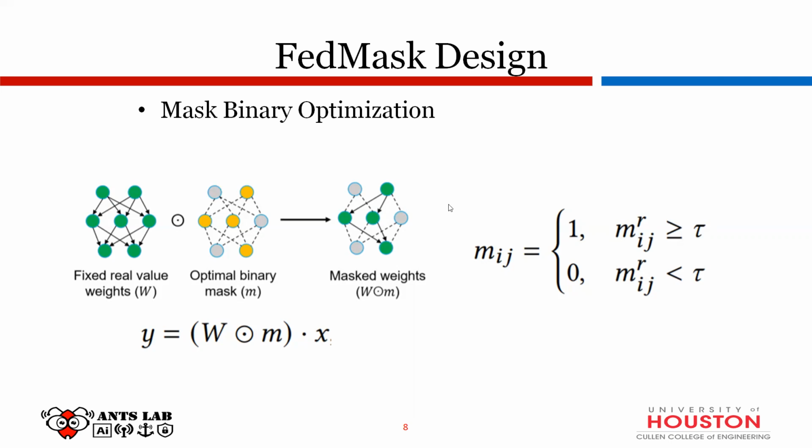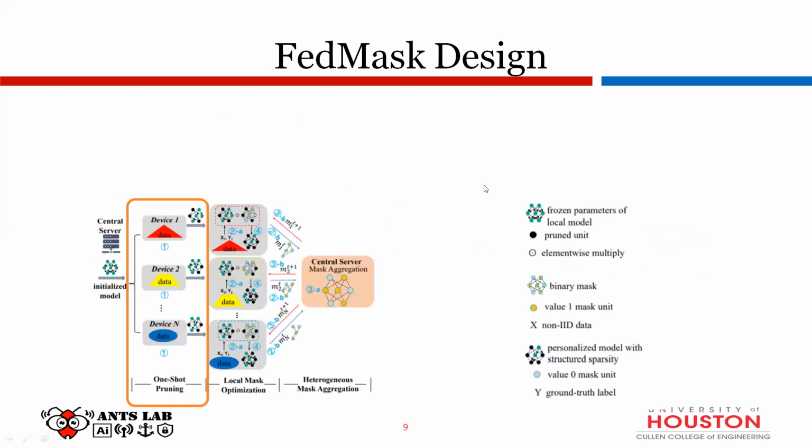The first thing we have to do is initialize a mask for each device, in particular a heterogeneous mask. Every device has its own heterogeneous binary mask. So what do we do with it? It's the first step of this.